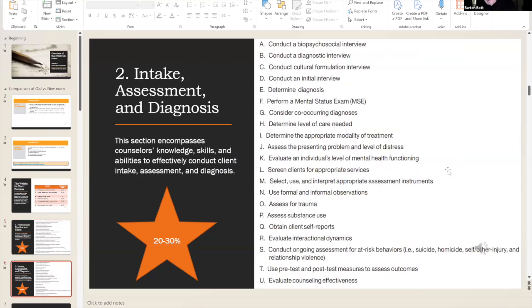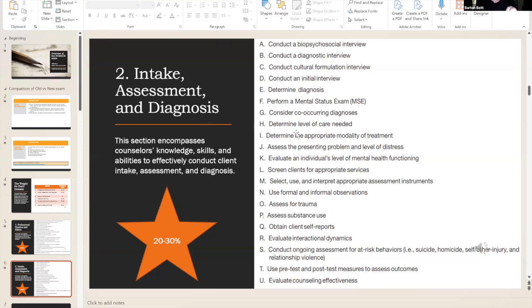When we go to intake assessment and diagnosis, that shouldn't be much of a surprise because you're all pretty much working as interns now, and you're doing this every day. So what we look at there are basic tools, processes, and such that you would typically expect to either do or see during intake assessment and diagnosis, such as an information gathering tool, biopsychosocial. How about also the conduction of a diagnostic interview?